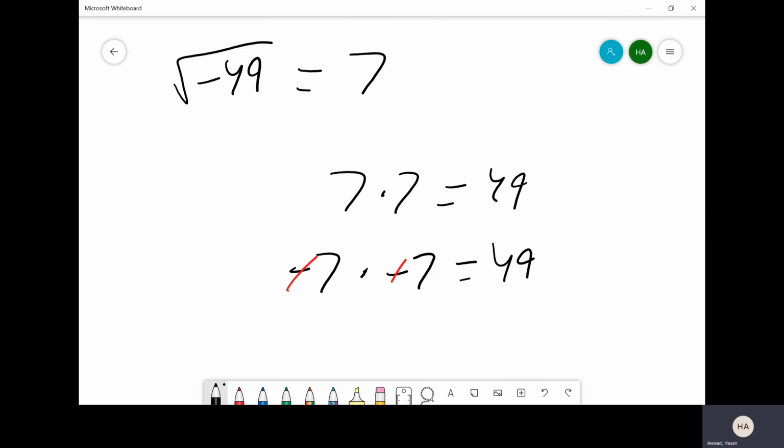And I alluded to this in a couple lectures ago where I said that very, very briefly, we would discuss complex numbers. If you have the square root or any even root, so that means if you have the square root, the fourth root, the sixth root, so on and so forth, if you have any even root of a negative number, you will get what is known as a complex number or an imaginary number.